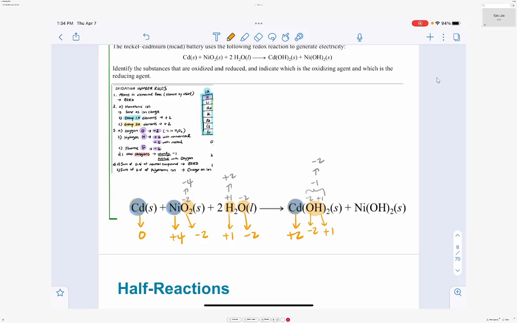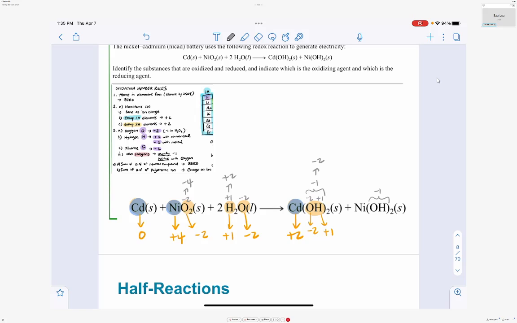Moving on to nickel hydroxide. This is also a neutral compound, so we know that the sum of oxidation numbers has to be 0. Just as in this situation, the oxidation number of the entire hydroxide portion is going to be negative 1, since hydroxide is a polyatomic ion.